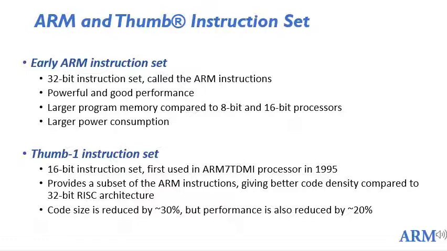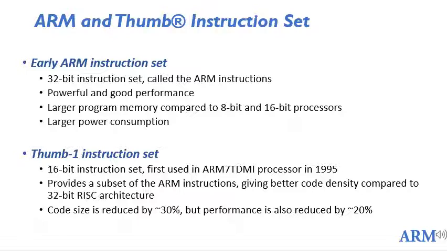Since they could perform all the tasks required for any application, this instruction set was very powerful and obviously it was giving good performance. But since these instructions were 32-bit wide, they occupied a large program memory compared to the 8-bit or the 16-bit processor, and hence consumed larger power.